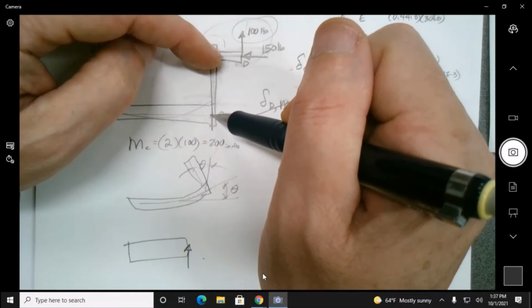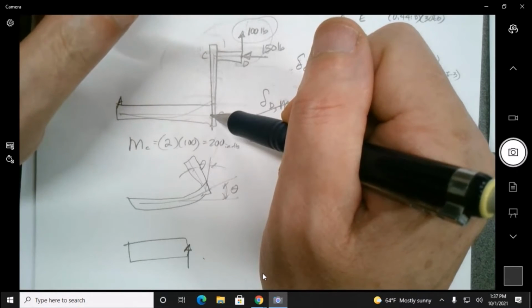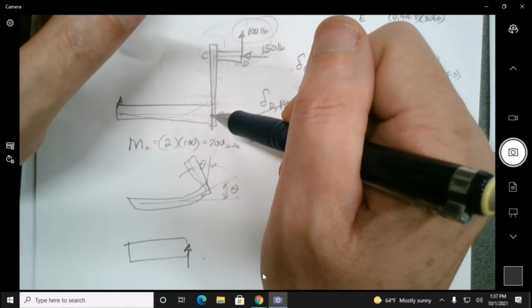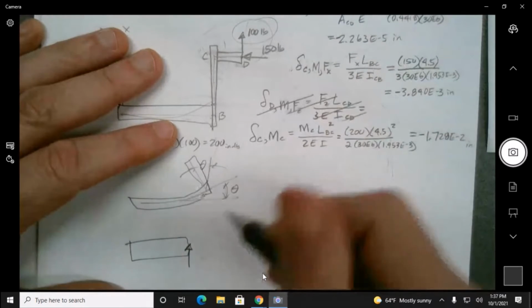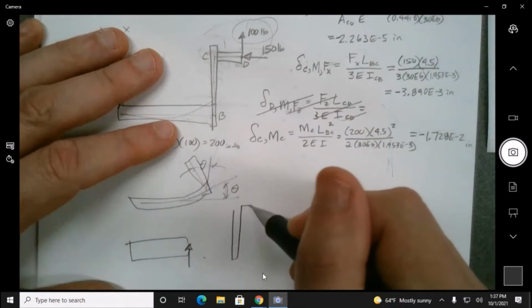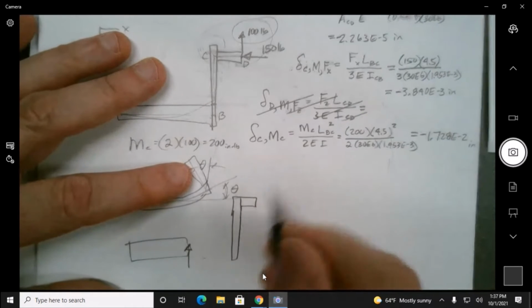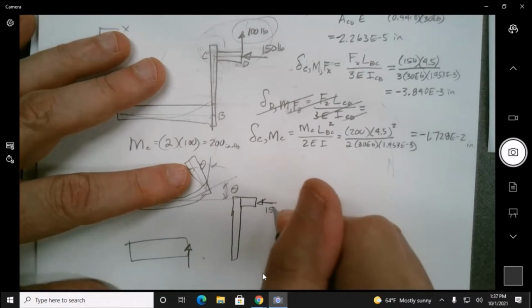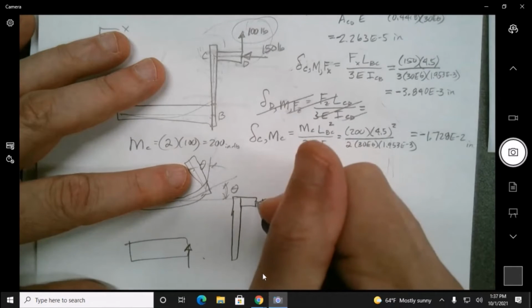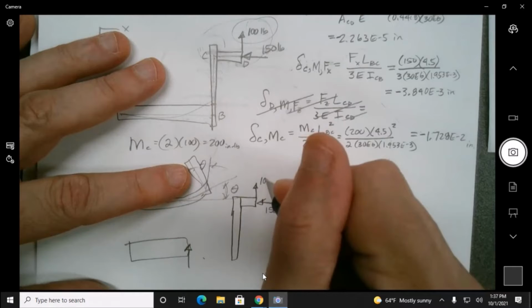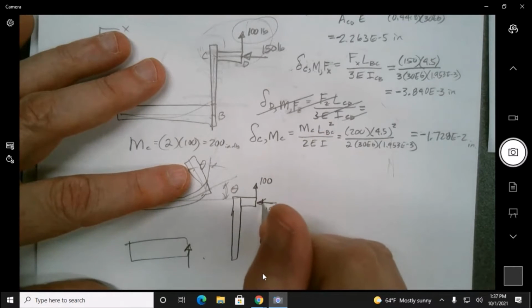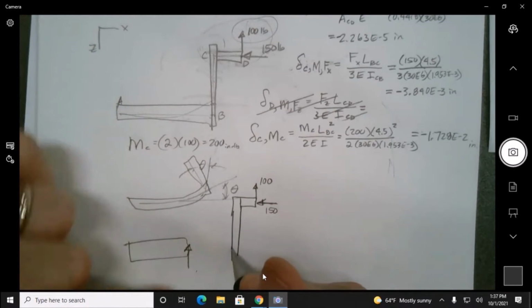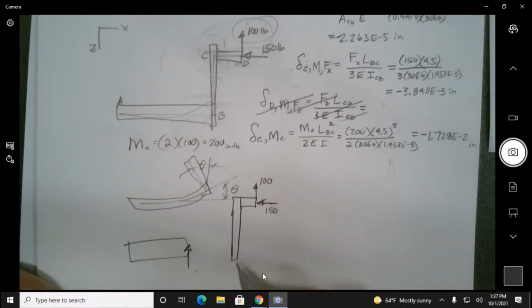So let me think. I don't want to double dip though. What I can do is separate these two parts out. And I have my force right here, I got my 150, and I have my 100. And we could figure out, right here at the intersection, what is the reaction moment?